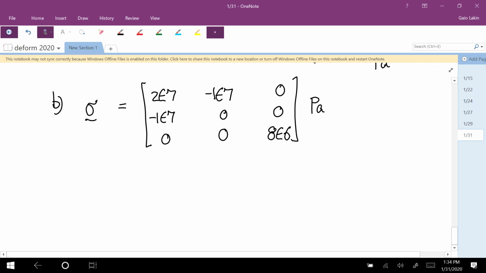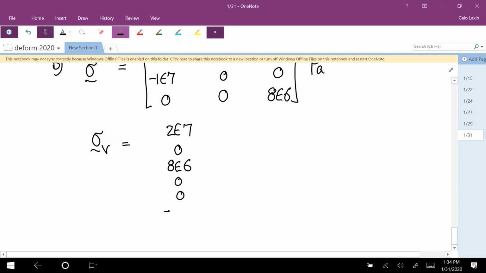Well, in order to figure out the strain, we need the Voigt stress. So this stress tensor in Voigt form is 2 times 10 to the 7, 0, 8 times 10 to the 6, and then YZ, XZ, XY.